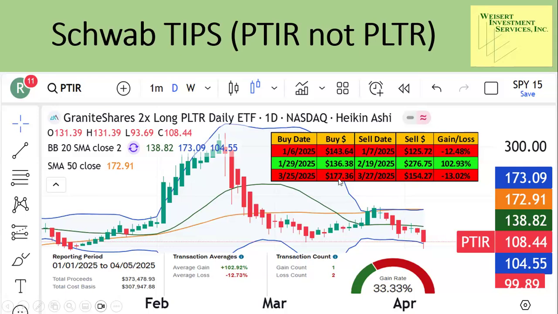And then over here, same thing. We tried to get back in this area, and it didn't work out, so we got back out. So again, what we try to do is find those areas and those trends, great performance, but then minimize losses.